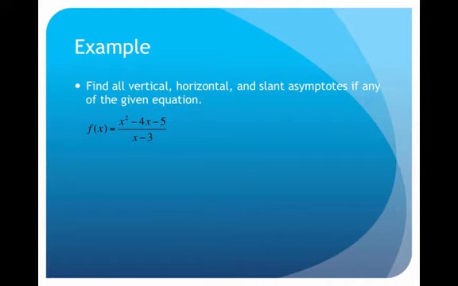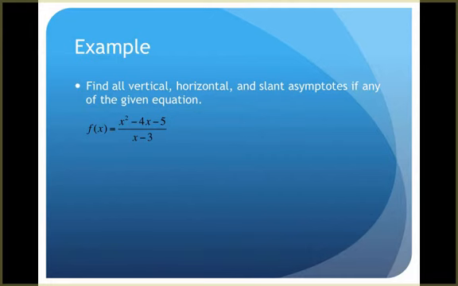Okay, so let's look at an example where we have to find all three, vertical, horizontal, and slant asymptotes, if any, of the given equation. So I have the equation x squared minus 4x minus 5 all over x minus 3. So the first thing I want to do is figure out my vertical asymptotes. So I'm going to factor the numerator.